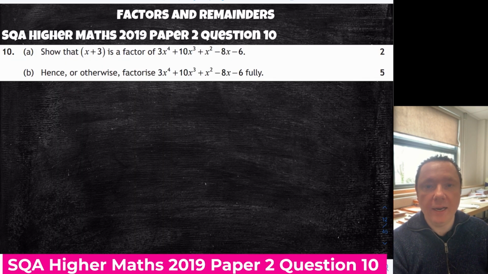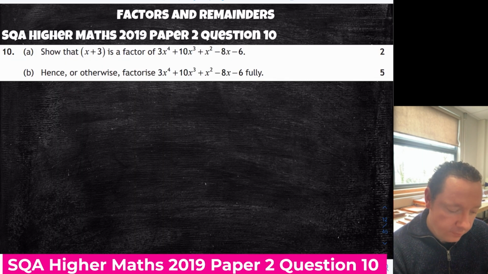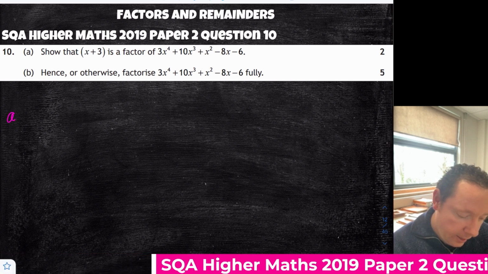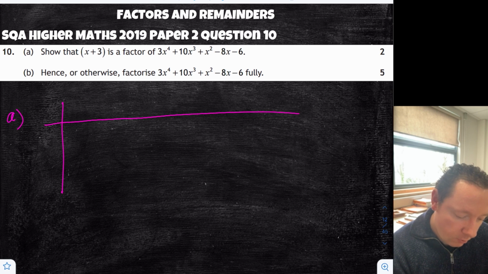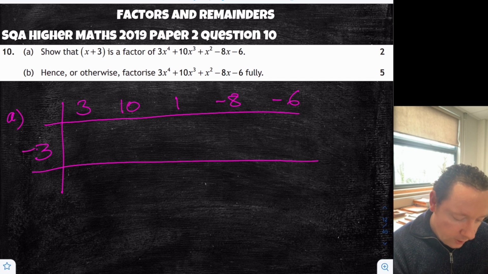SQA Higher Maths 2019, paper 2, question 10. For factors and remainders, show that x plus 3 is a factor. So part A, synthetic division. We've got 3x4, 10x cubed, 1x squared, minus 8x, minus 6, so we're subbing in minus 3. So take the 3 down, we get minus 3 times 3 is minus 9, 10 minus 9 is 1. 1 times minus 3 is minus 3, minus 3 add 1 is minus 2.